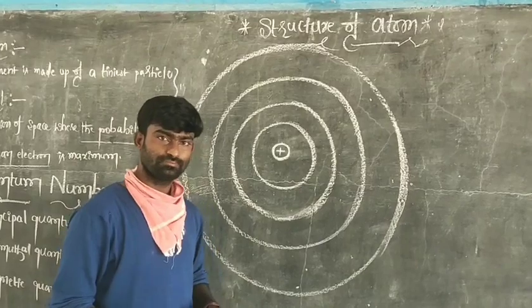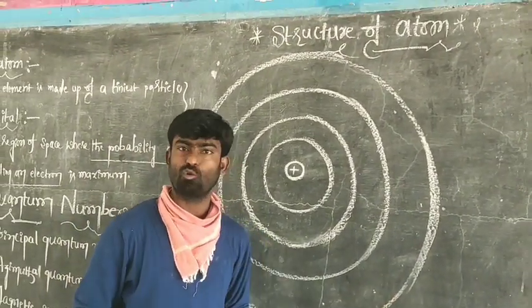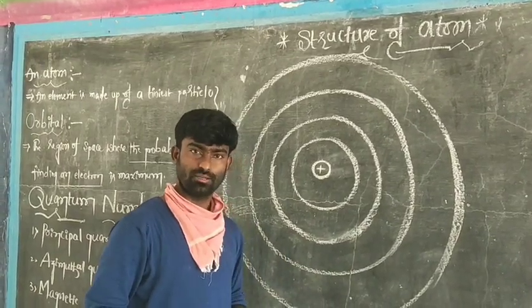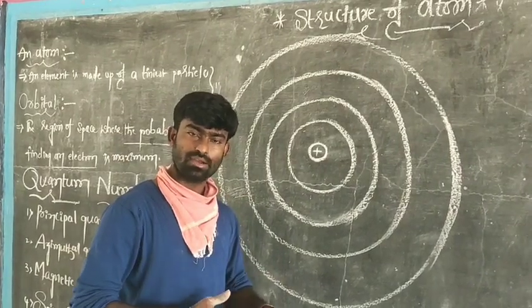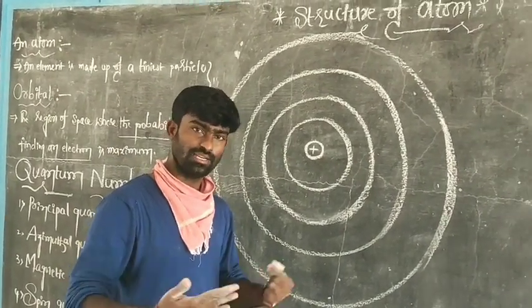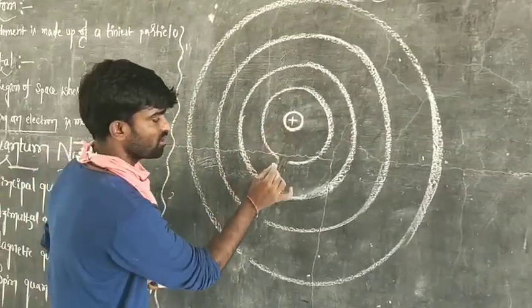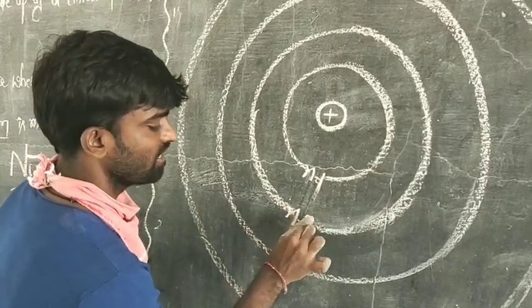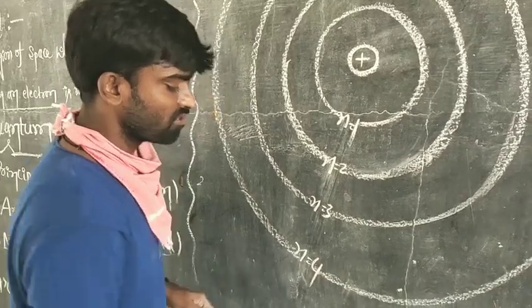Let's have the schematic structure of all these 4 different types of quantum numbers and how they help us to understand about the behavior of an electron in an orbit and in an orbital as well in its subshell. The first orbit, which is very close to the nucleus, is first orbit. N equals 1, n equals 2, n equals 3, n equals 4.